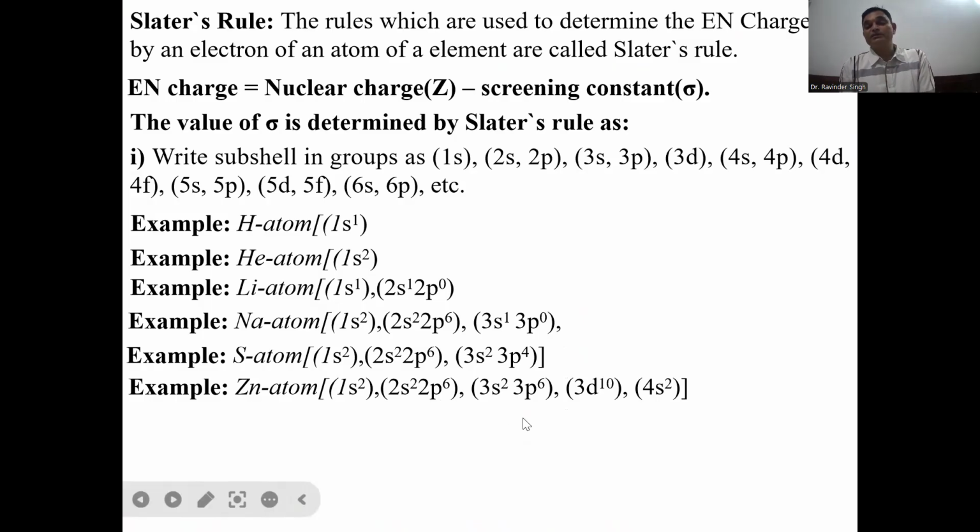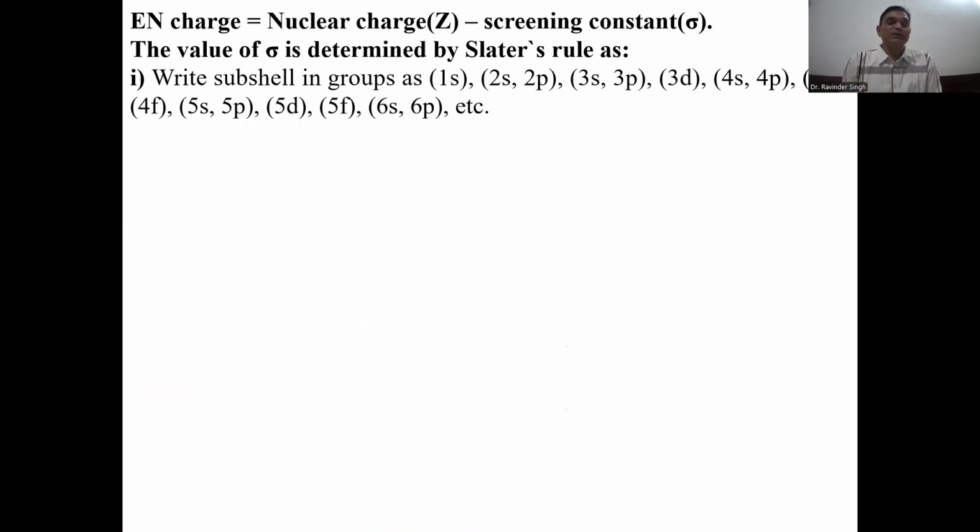Similarly, in the third shell, there are 3s, 3p and 3d, but in a particular shell, S and P form one group, while D forms a separate group. So 3s and 3p form one group and 3d forms a separate group. Next, in the fourth shell, there is only 4s according to the configuration, so 4s forms the next group. In that way we can make the grouping.